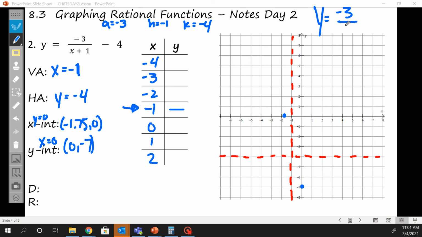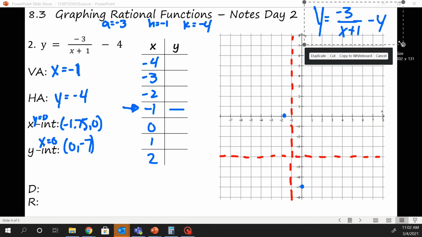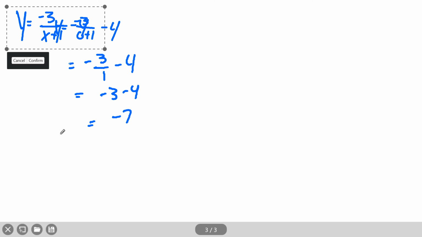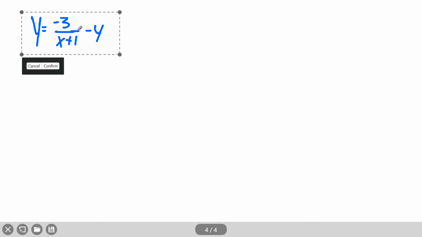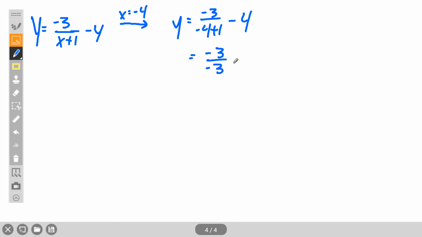So I need to start plugging into the equation. Y is equal to negative 3 over x plus 1 minus 4. So I'll start with negative 4. So y equals negative 3 over negative 4 plus 1 minus 4. Negative 3 over negative 3 minus 4 is 1 minus 4, which is negative 3.